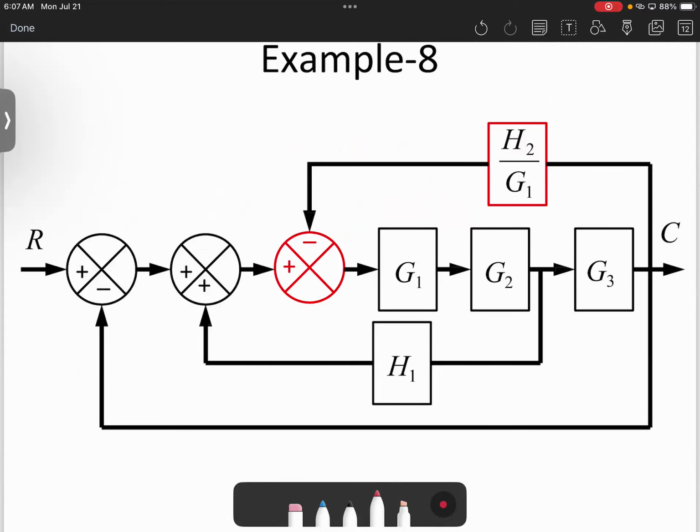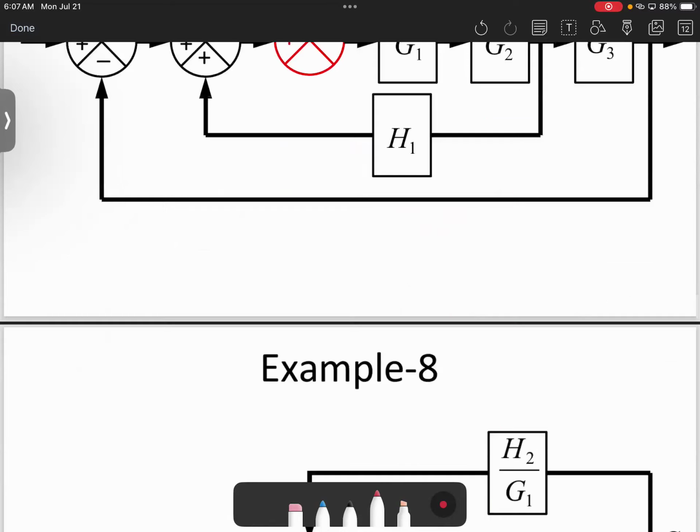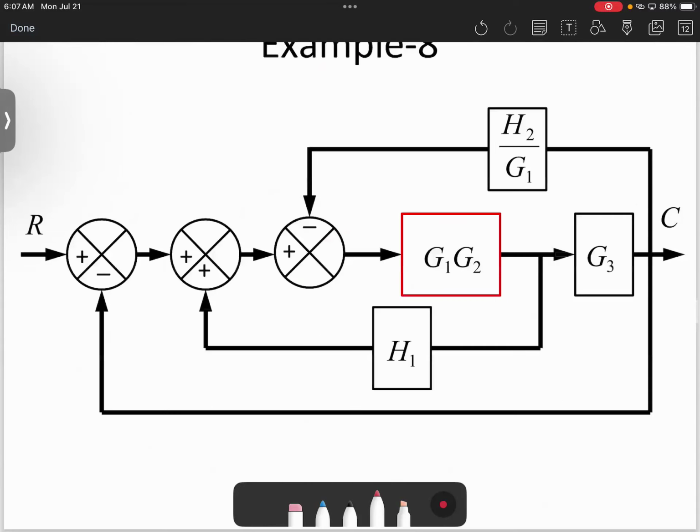The next thing is G1 and G2 can be combined together. Okay. Then what else? H2 over G1. How about G3? Moving G3 here. Can I move it? Yes, I can. H1 over G3.